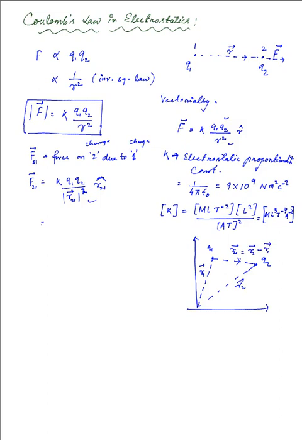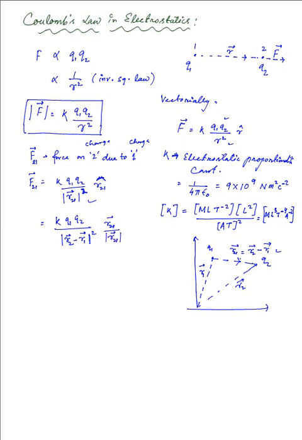So if I substitute this value over here, this is K Q1 Q2 over, well, this is |R2 minus R1| squared. This is from the triangle law if you remember. Then this can be written as R21 vector over |R21|.